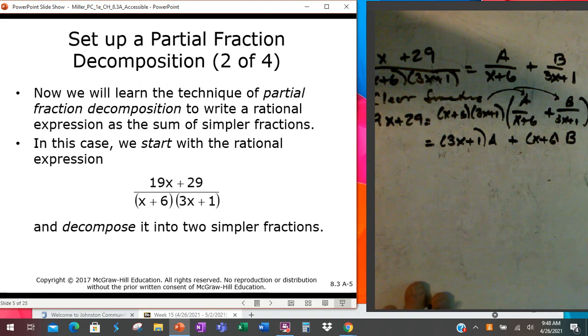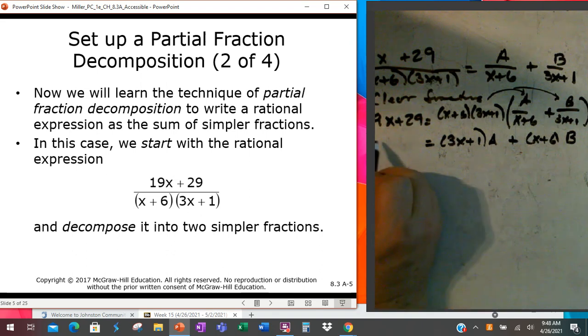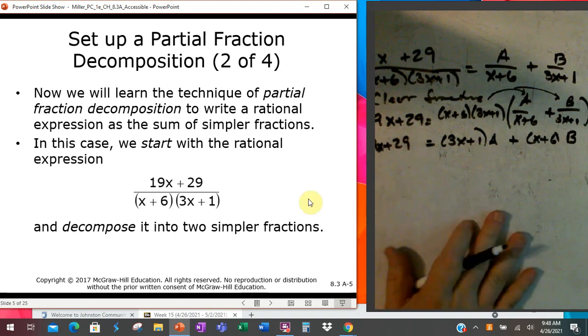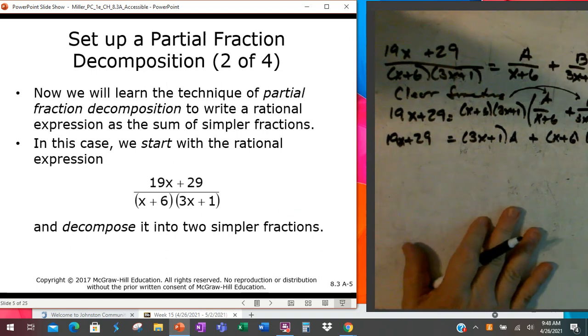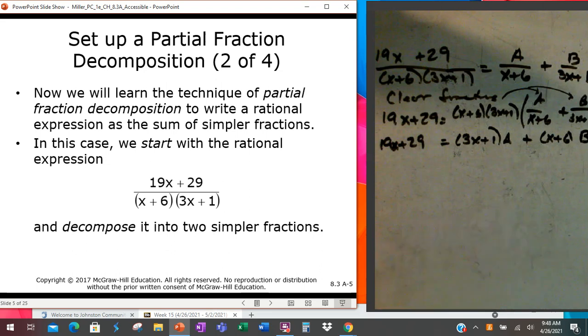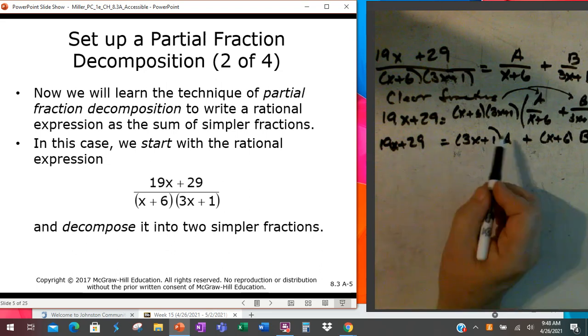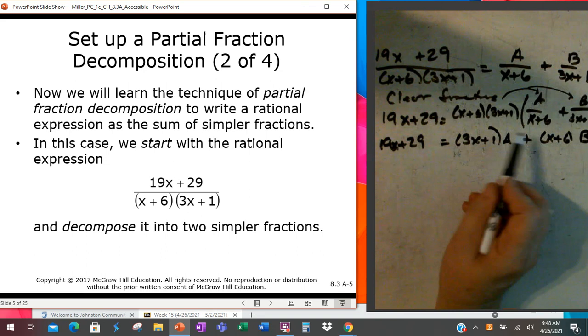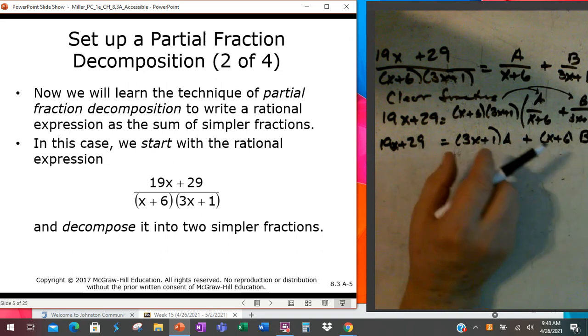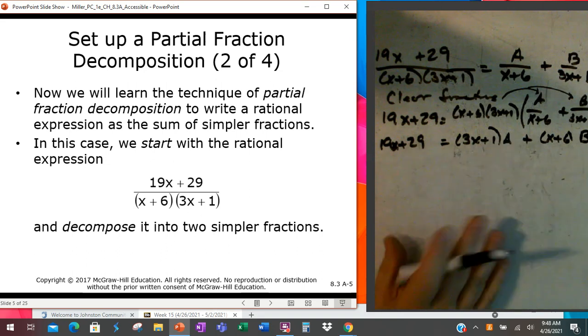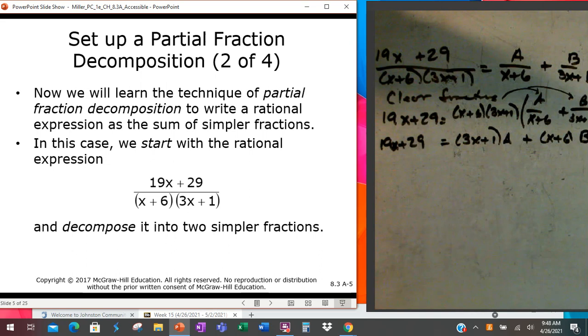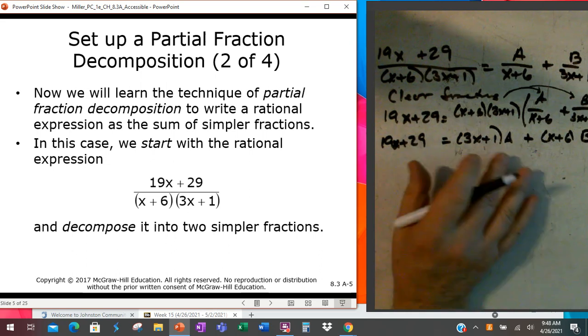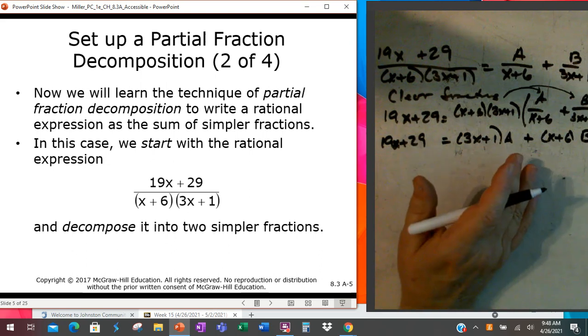Okay? And this is my 19x plus 29. Let me slide this over for us. 19x plus 29. Okay. Now, before I multiplied this all out, got the coefficients and matched coefficients. So that was one way. Here is another way.